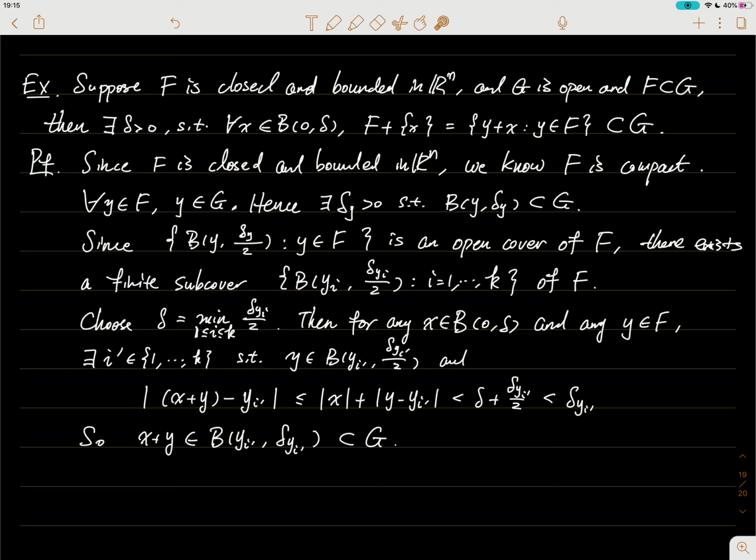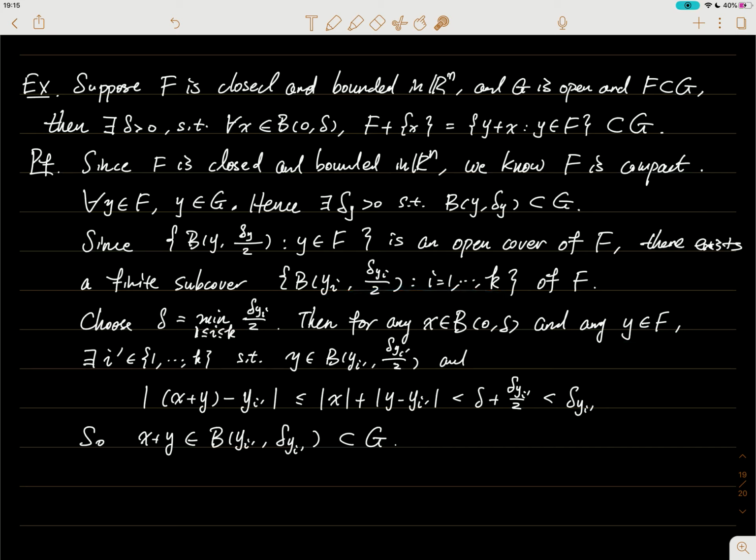And then let me check every point x inside this ball, that means the norm of x is less than delta. And for any y in F, I want to show that x plus y is in G. To show this, because y is in F, and F is covered by these finitely many balls, which form the open cover for F, y is covered by at least one of those balls.